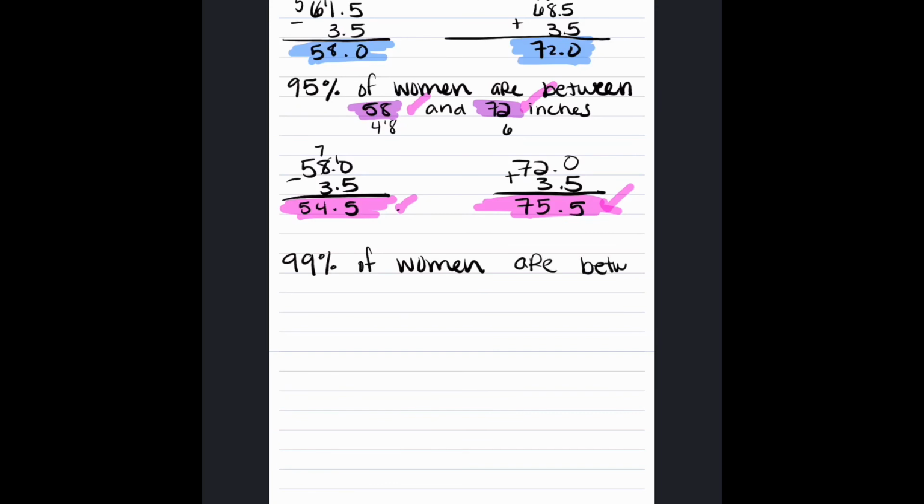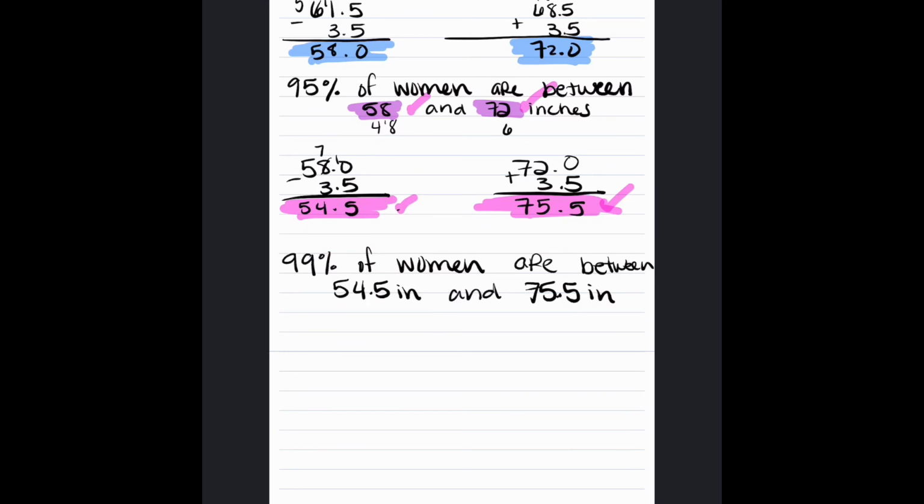We're going to convert them to feet in a second. They are between 54.5 inches and 75.5 inches. So 99% of women surveyed are between 54.5 inches and 75.5 inches.